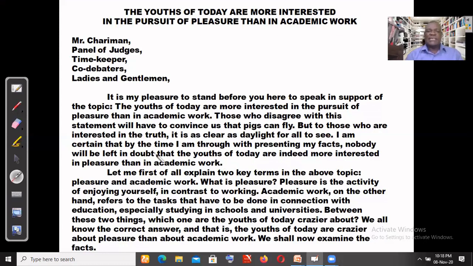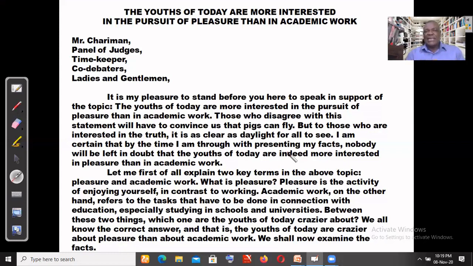I am certain that by the time I am through with presenting my facts, nobody will be left in doubt that the youth of today are indeed more interested in pleasure than in academic work. So in this last sentence, we have actually stated what in writing we call thesis. And that is the central argument. That is exactly our viewpoint.